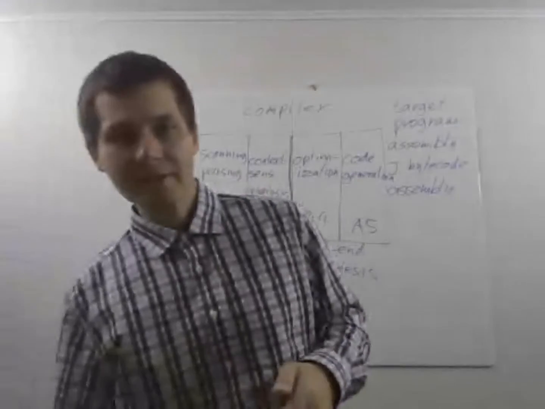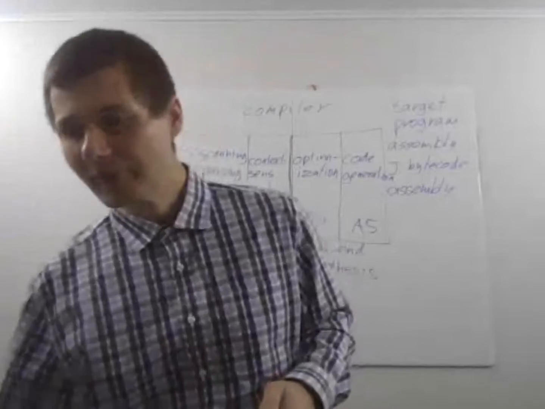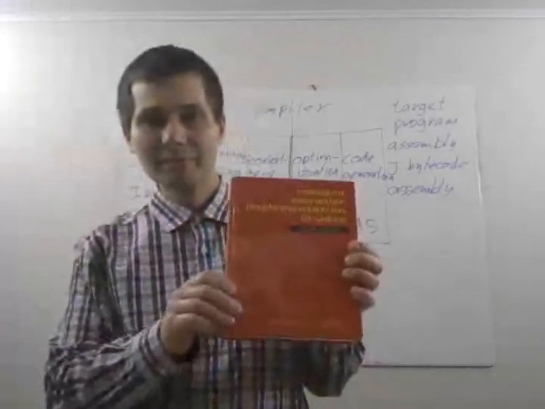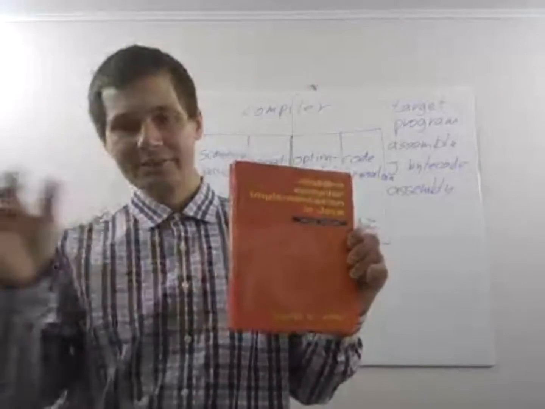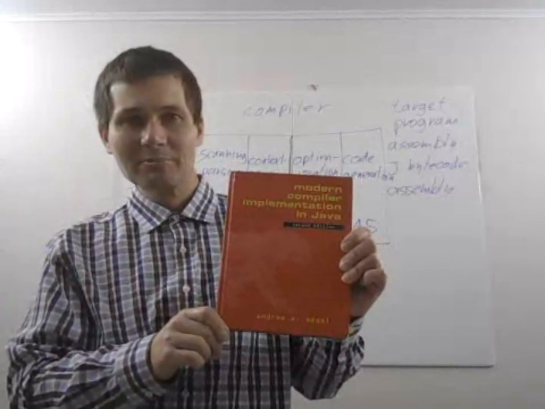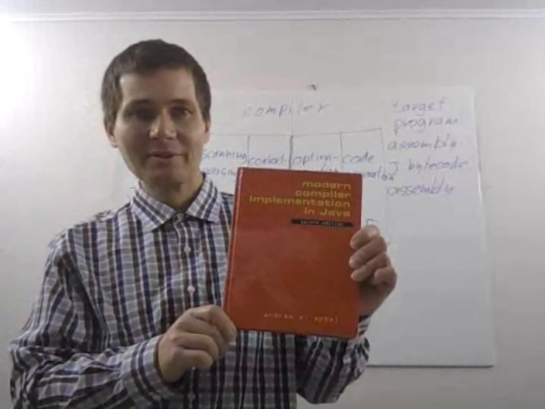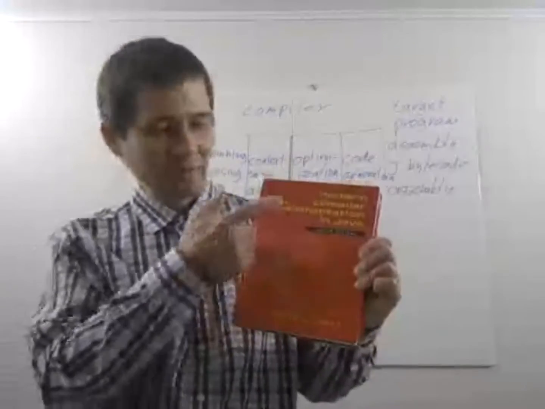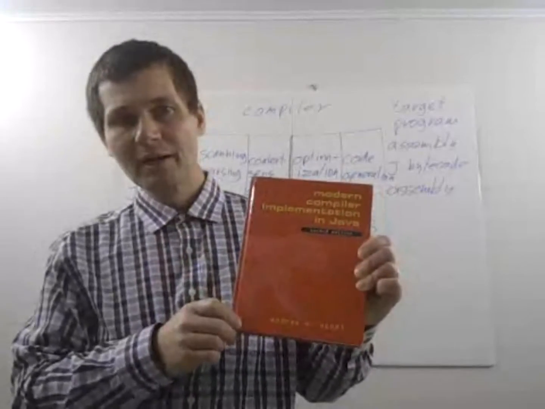The second book is this one by Andrew Appel, Modern Compiler Implementation in Java, and there's a C version and an ML version, but they're pretty much the same. So feel free to get one of the other versions. That said, the Java one is the most up-to-date one.